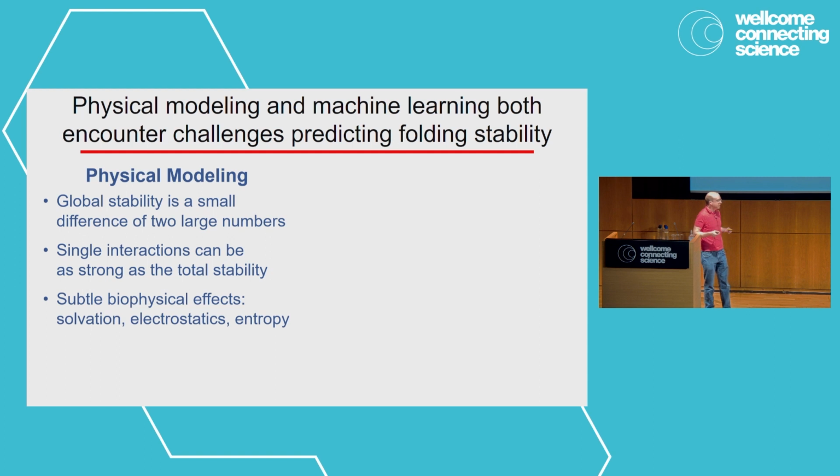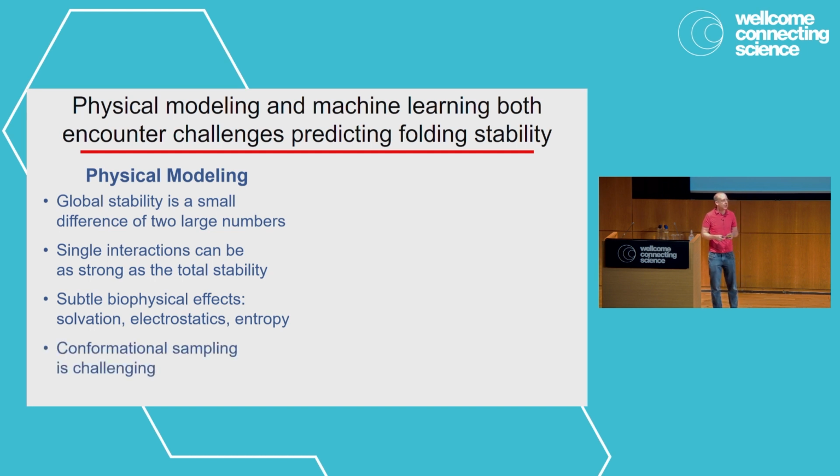Another thing is that the types of biophysical interactions that lead to stability are really subtle and have proven really difficult to capture in computational models. So things like solvation, electrostatics, conformational entropy. In physics, we like to model things as harmonic springs or something. And these are actually just really challenging interactions to model in a simplified physical way.